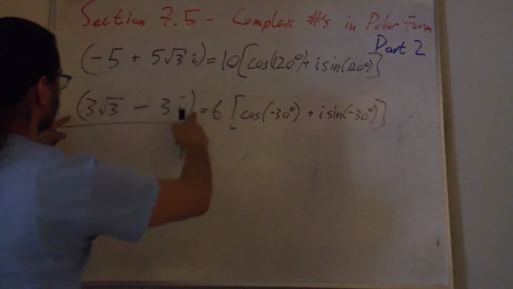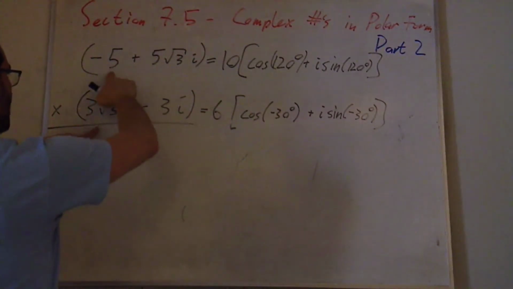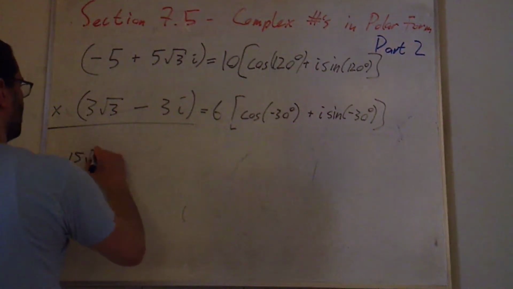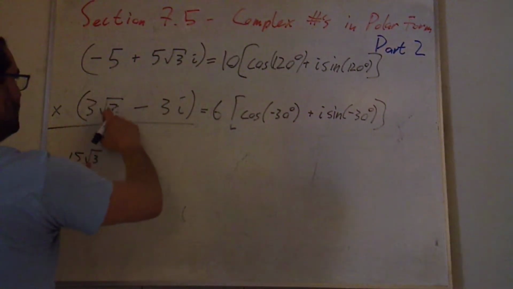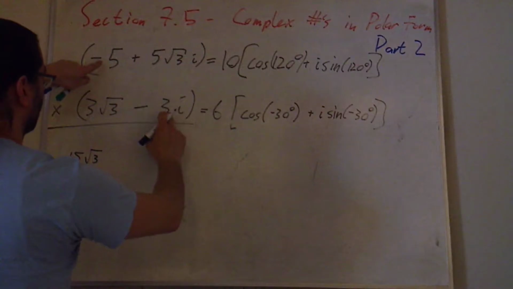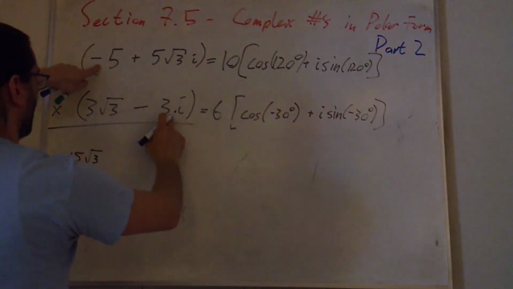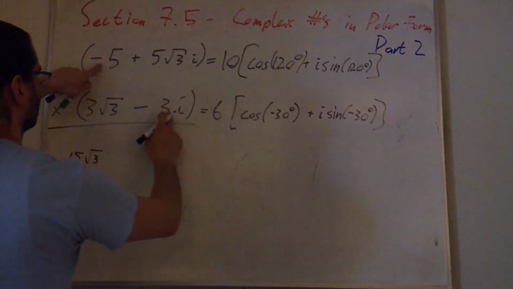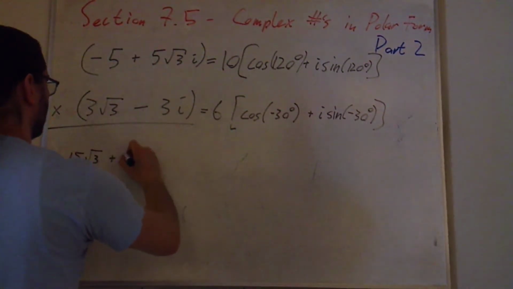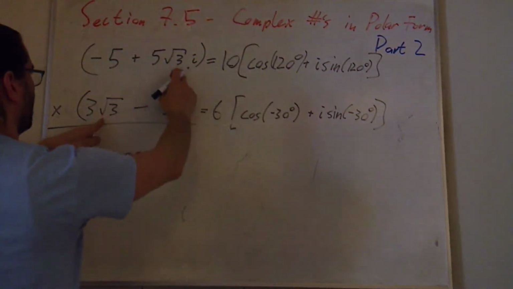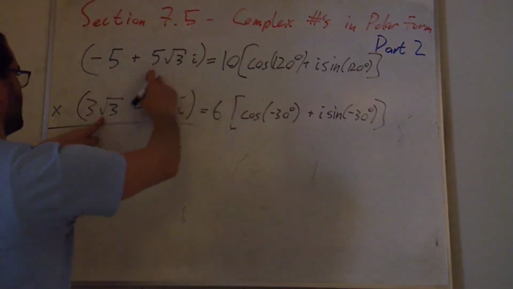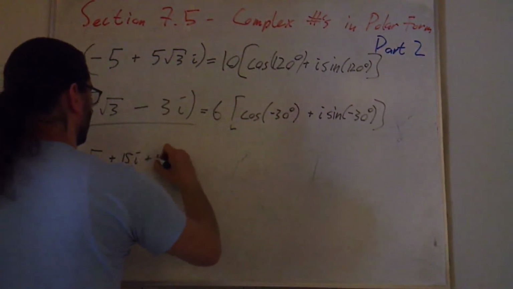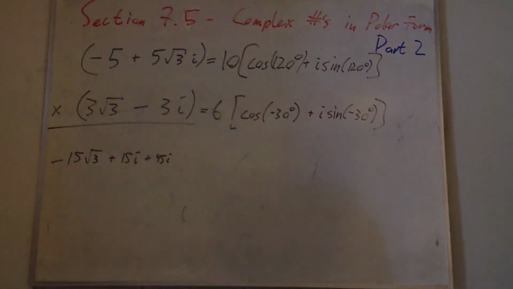First, I'm going to multiply these in rectangular form because that's what we're used to. The first terms of each should give me a negative 15 root 3 here. The middle terms should give me a 15i. Hold on. Yes, positive 15i. 15 times 3 should be 45. 45i there on the back end.